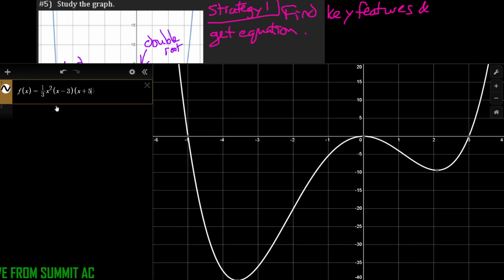So what do we got? Well, what kind of points does it go through? It has the point -5, 0, has a double root at 0, 0, and it has that point of 3, 0. So again, make sure you can check and see if those are right. That way you can see what they should look like.